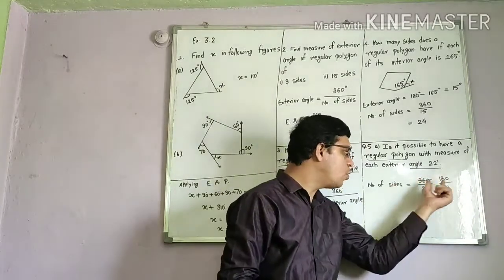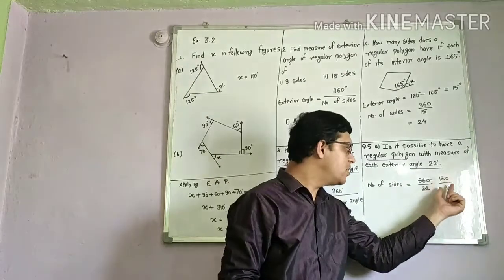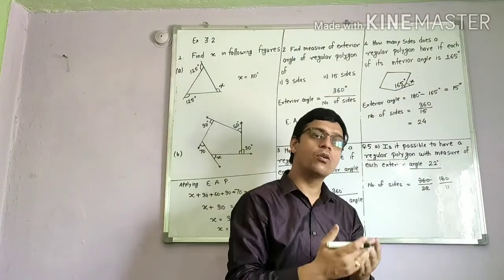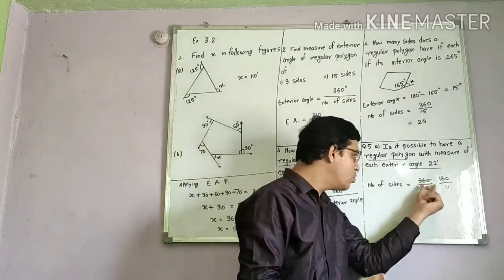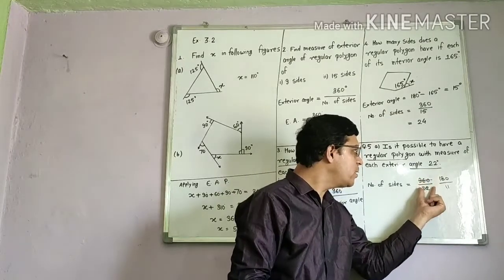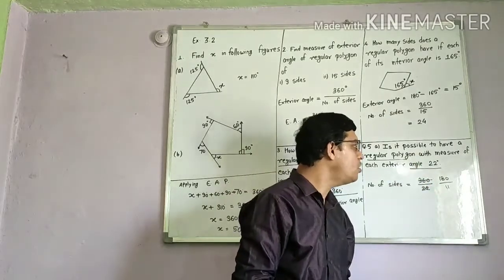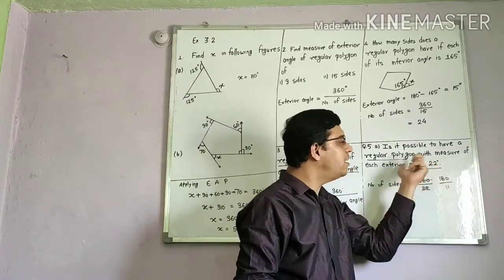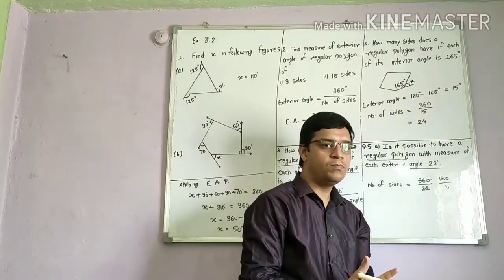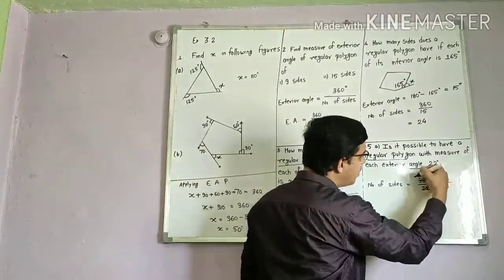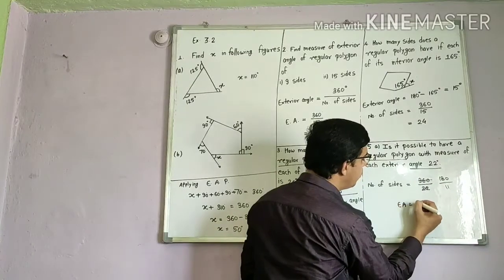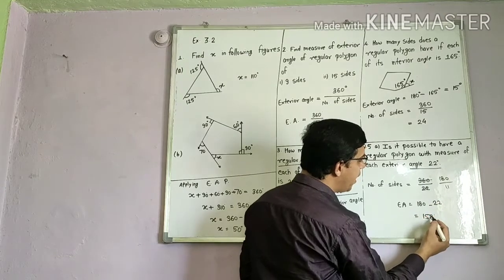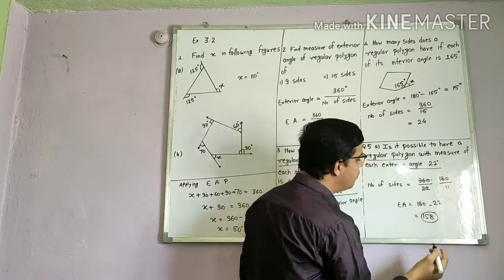Now number of sides can be a whole number only, 4.5 sides cannot be there in any polygon, 180 by 11 sides cannot be there. Sides will be 10, 11, 12, 13 of this type. So 22 is not a factor of 360, so it is not possible to have exterior angle 22 degree, and interior angle 22 is also not possible, because if interior angle is 22, then our exterior angle will be 180 minus 22, that is 158 degree, and 360 is not divisible by 158 also.